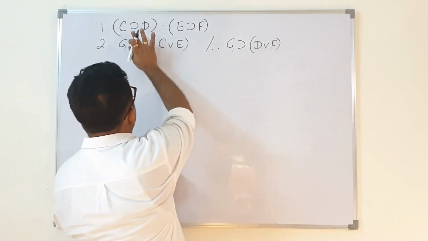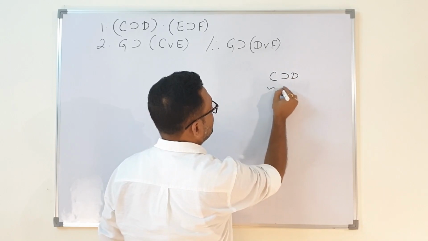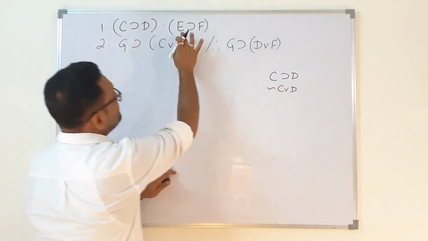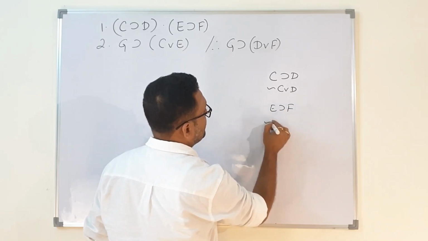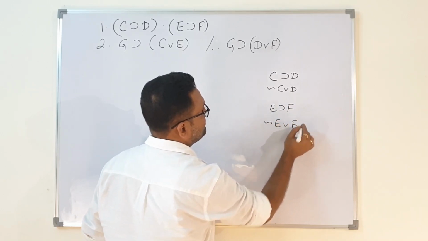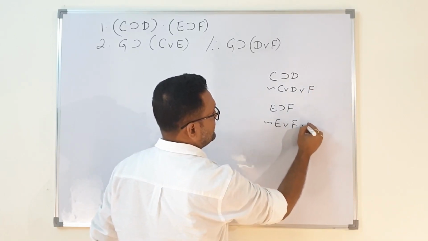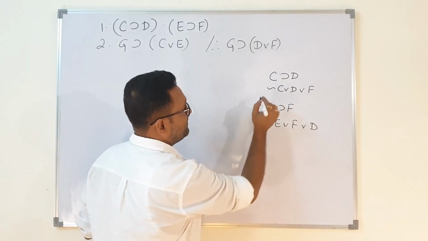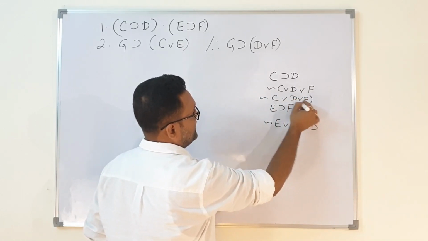Let me give you an idea. If you take out this C implies D, it will become negation of C wedge D. If you take out this E implies F, right? It will become negation of E wedge F. If you add F here and D here, it will become negation of C wedge D wedge F, right?